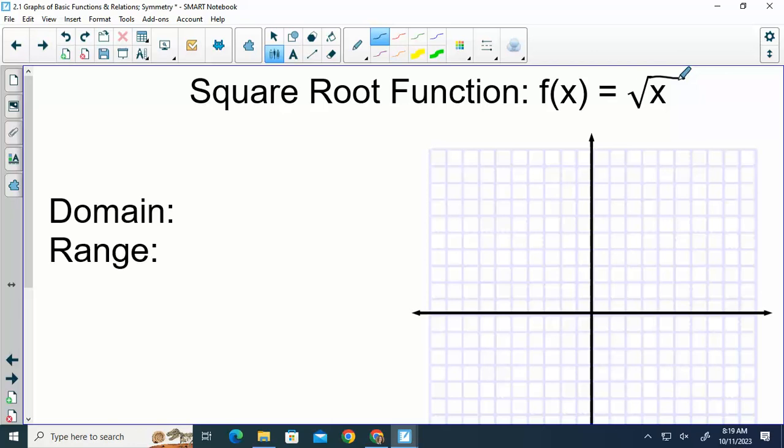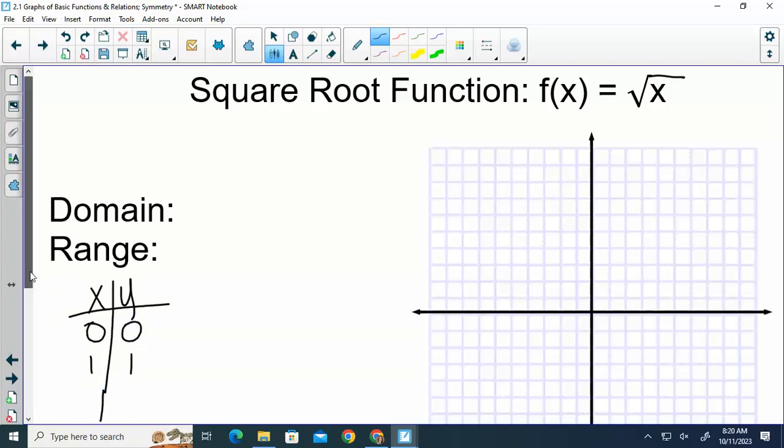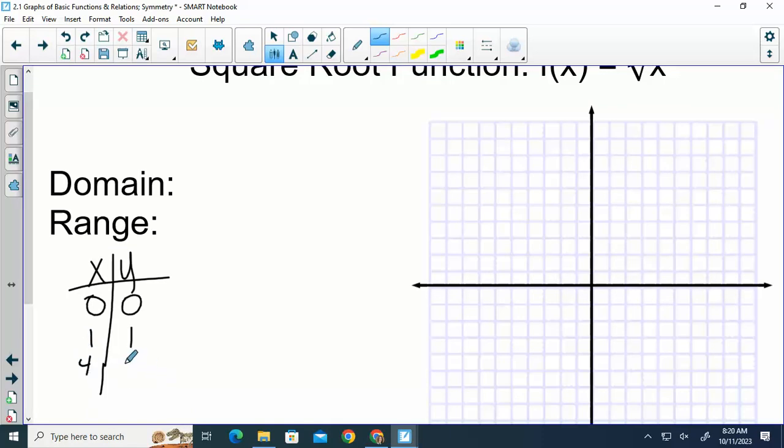So if I make my t-chart, we would prefer to put in perfect squares. So if I put in 0, square root of 0 is 0, square root of 1 is 1. Give me another perfect square. 4, square root of 4 is 2. Another one. 9, square root of 9 is 3.